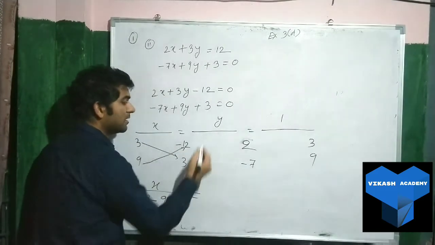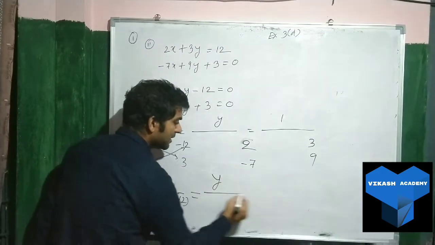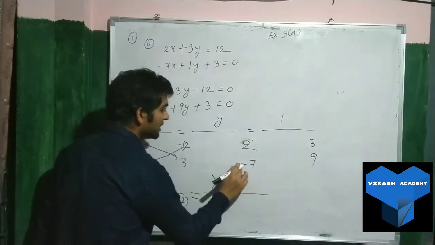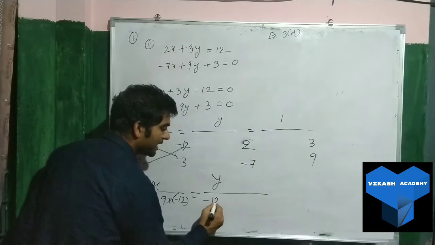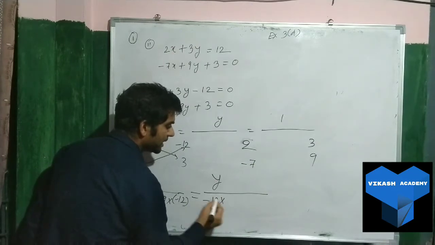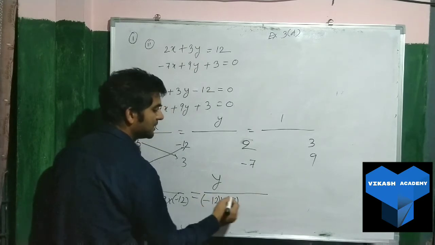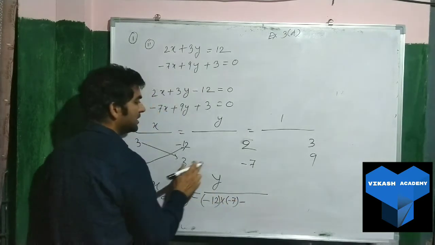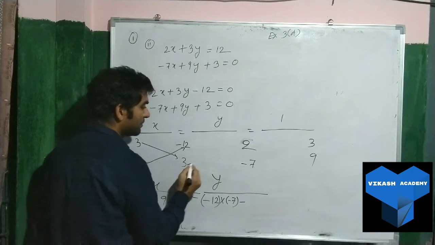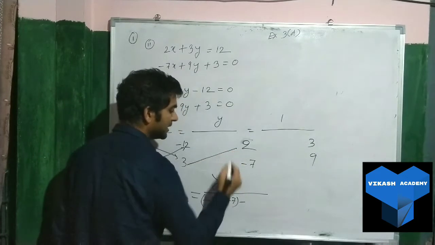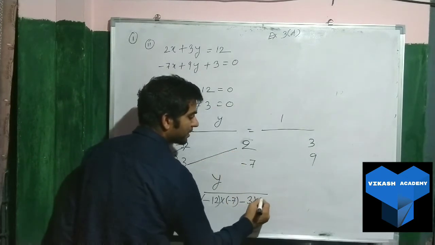Equal will be equal. Y will be y. Then cross multiply. Minus 12 into minus 7. Then minus sign 3 into 2. Because we are going from down to up, we will put here minus 3 into 2.